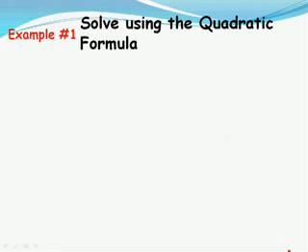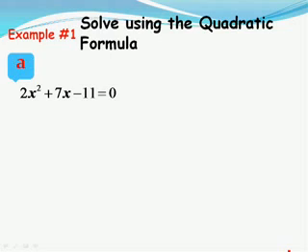Let's take a look at example number 1. You want to solve the quadratic equation by using the quadratic formula. The given equation is 2x squared plus 7x minus 11 equals 0. Our first step is to define the coefficients.